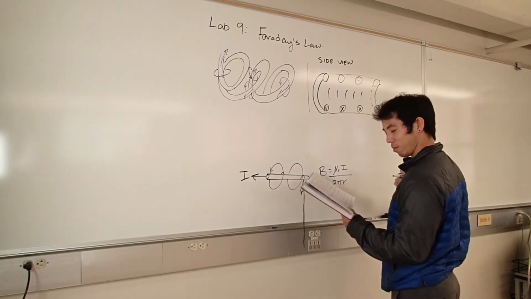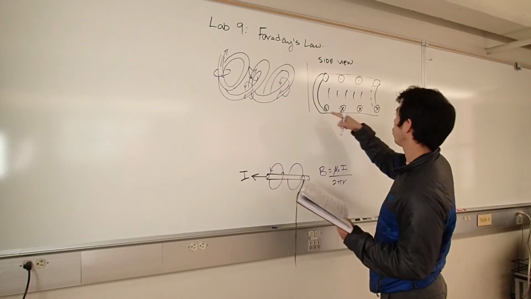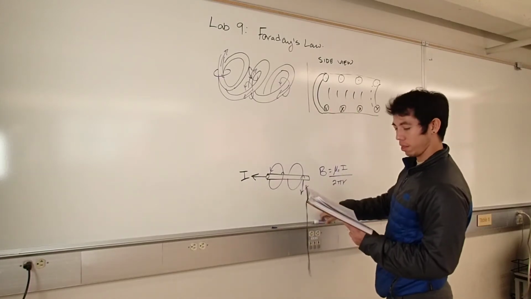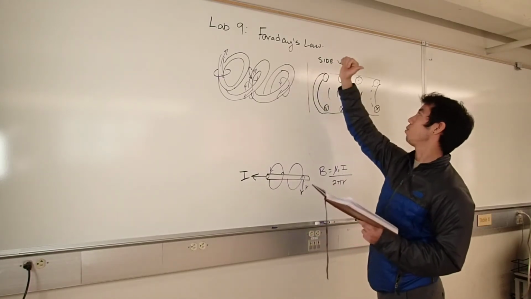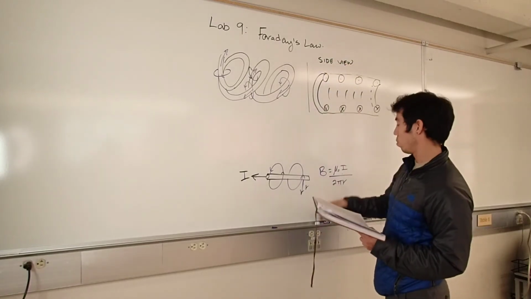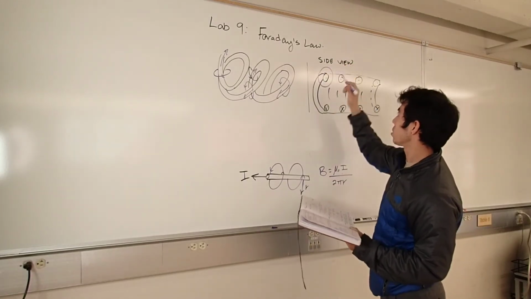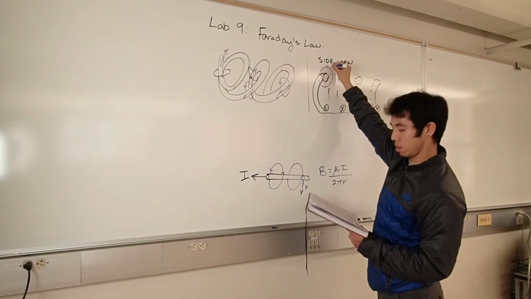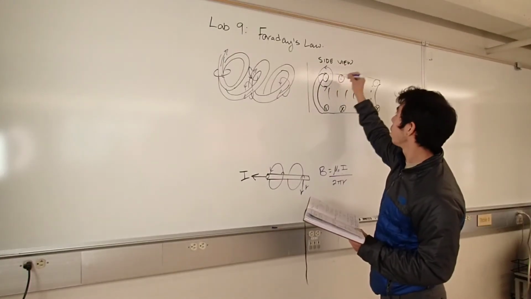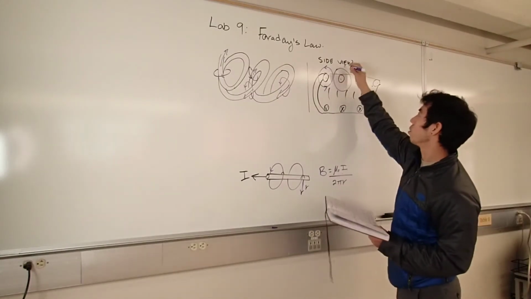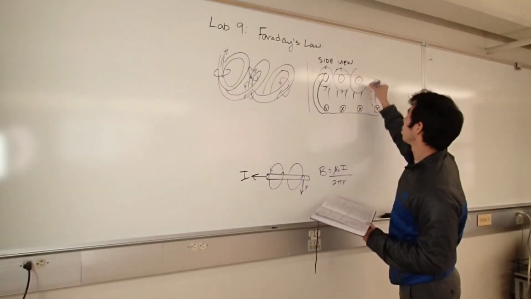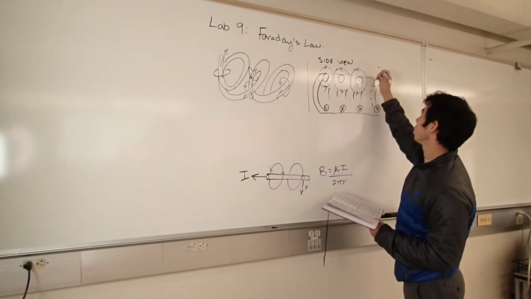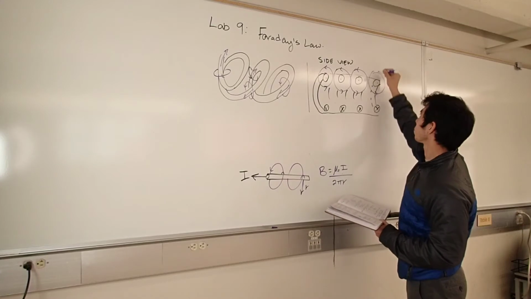Let's apply the right-hand rule to these wires. At the top, the current is coming out of the board, so the magnetic field wraps counterclockwise, counterclockwise, and again counterclockwise.